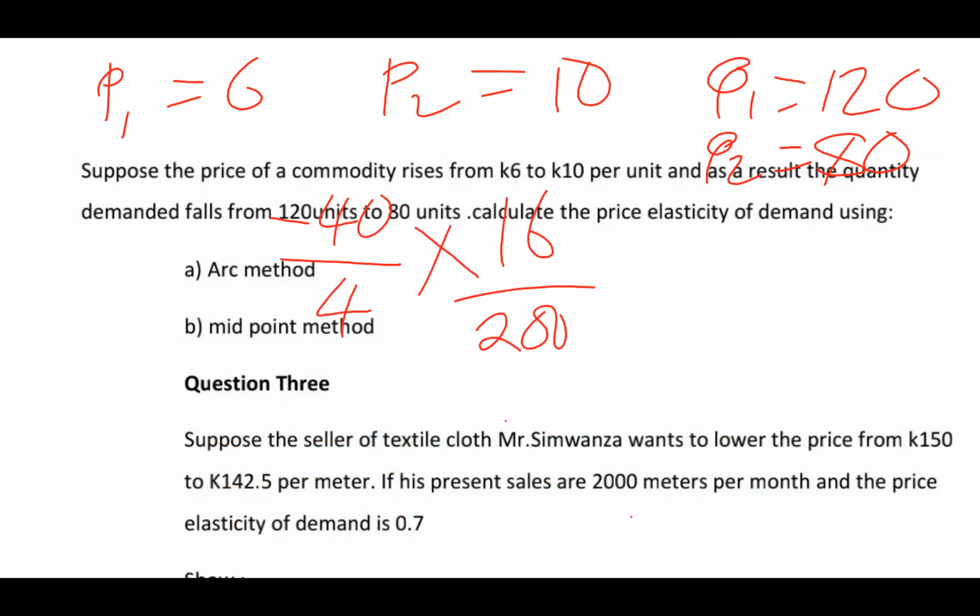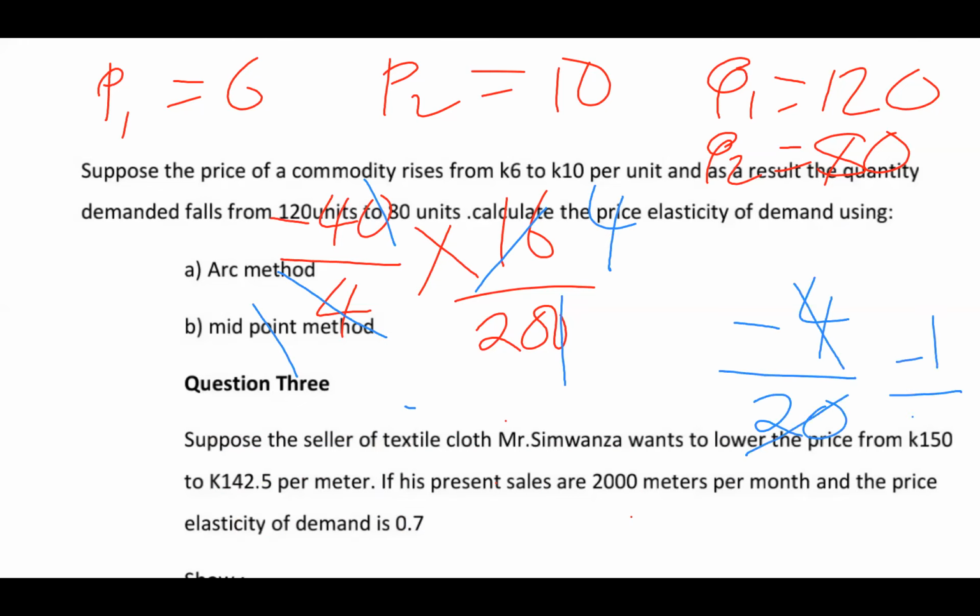So how do you go about this? We can easily say from basic mathematics, 4 into 4 is 1, 4 into 16 is 4, 0 into 0 is 0. We have negative 4 over 20, and we can say 4 into 4 is 1, negative 1 over 4 into 25.